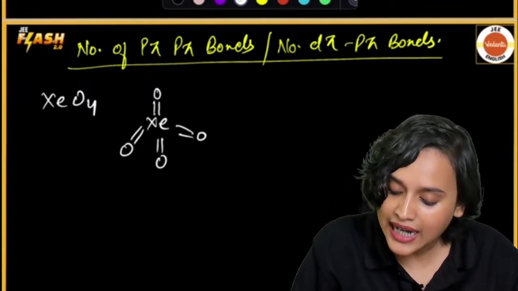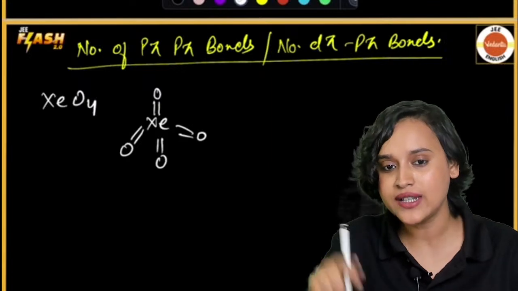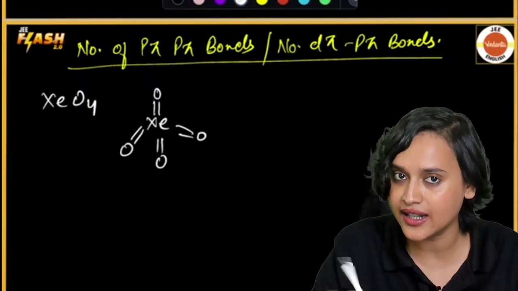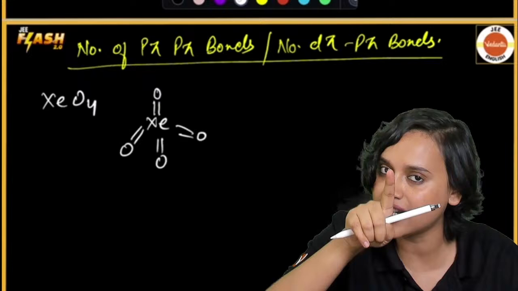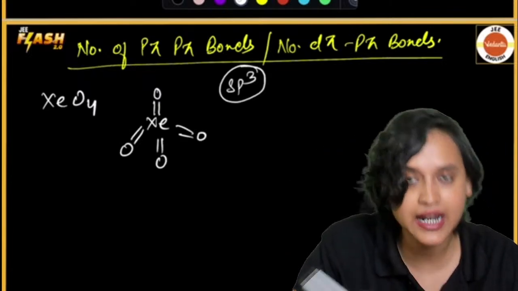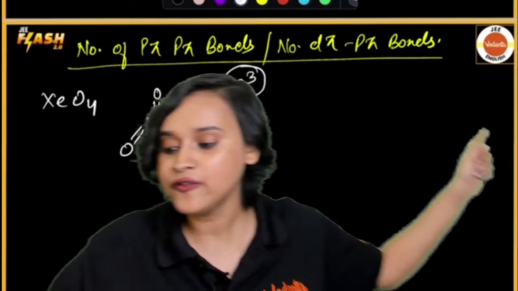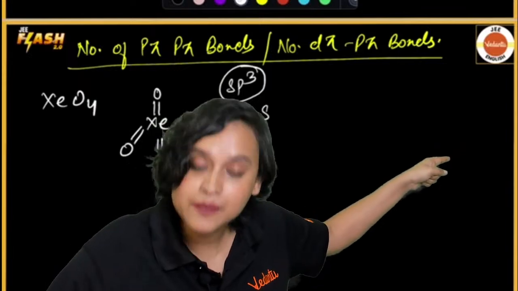So what is the hybridization, everybody? We can clearly see that there are four atoms surrounding xenon. That means steric number 4, which means sp3 hybridization. So xenon has given all its s and p orbitals.